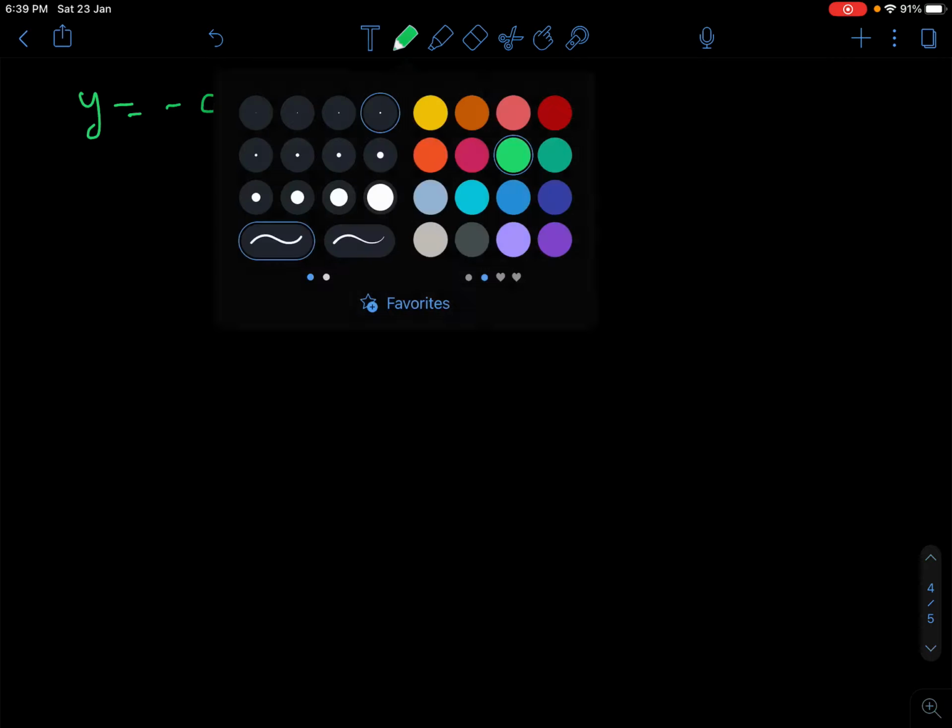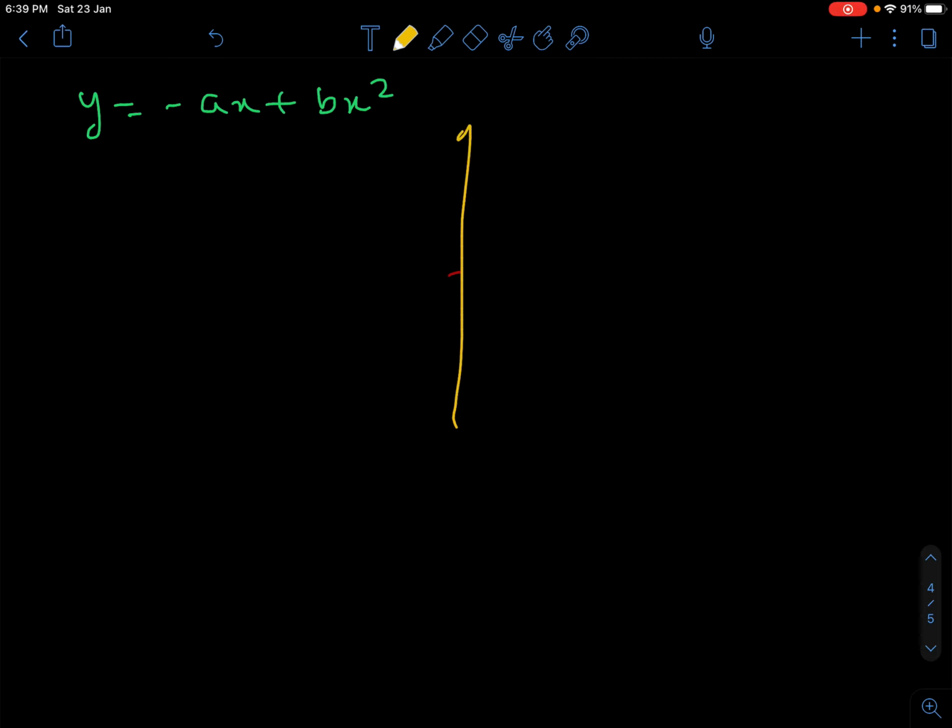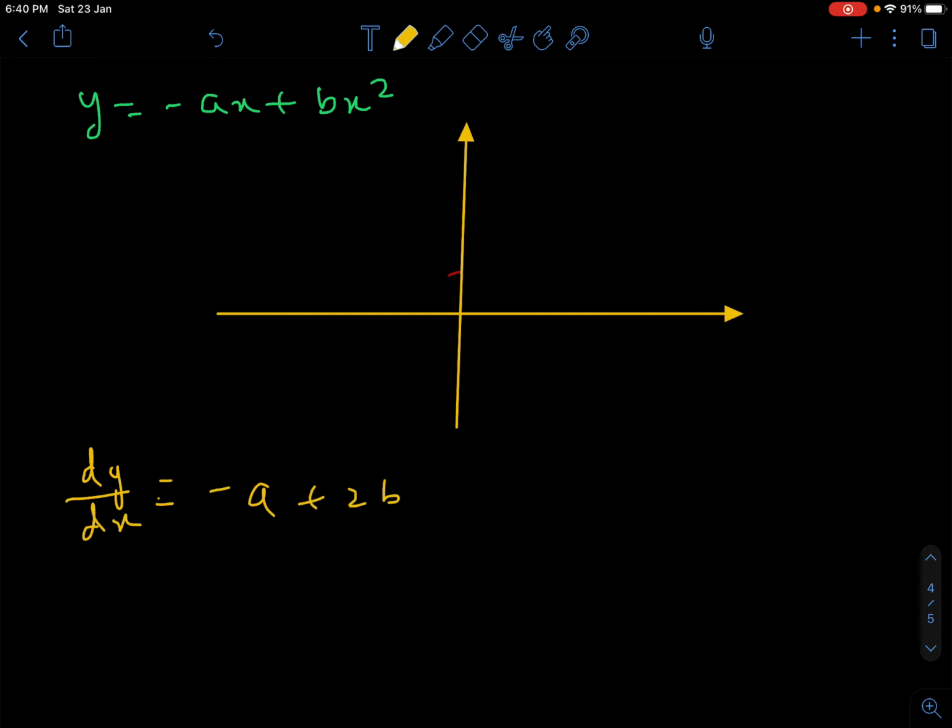I'm giving you another situation. Now you have to form the graph of this equation: y is equal to minus ax plus bx square. We first find the slope dy by dx, which will become minus a plus 2bx.